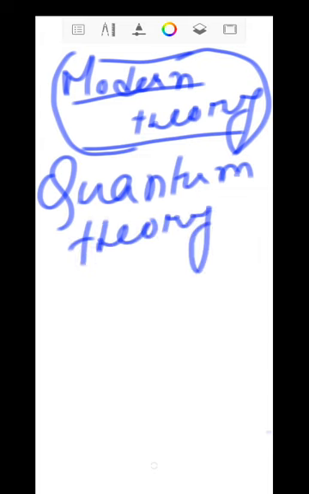The branch of physics where we are able to read about light, its properties, its effects, its sources, its nature, is called optics.